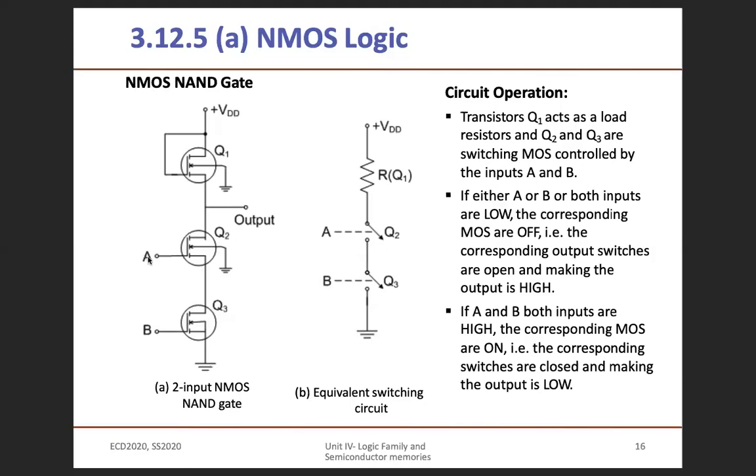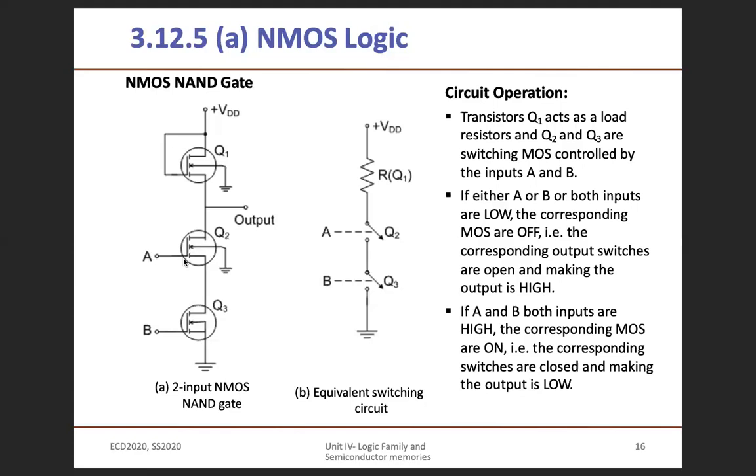If you give A equal to 0, B equal to 0, will Q2 and Q3 turn on? No, because you are giving low voltage to the gate of the NMOS transistor. An NMOS transistor will turn on only if you give high voltage.